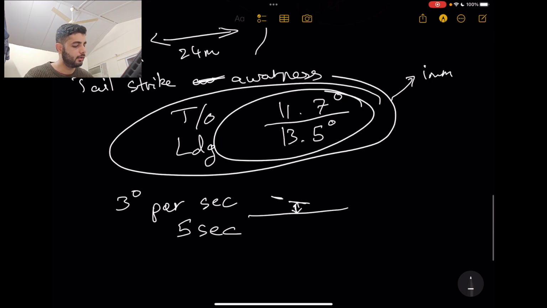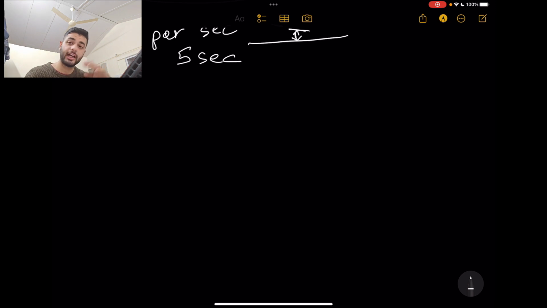Okay, now let's talk about your eye level. This is where they'll ask you that the aircraft height is 40 feet, but your eye level is 15 feet.